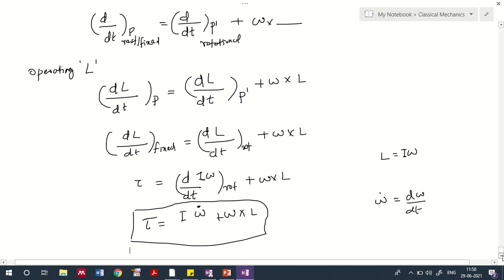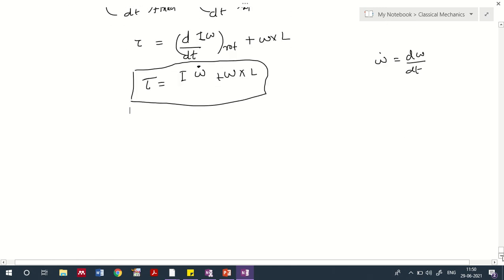Now we know that we can represent this entire equation in matrix form.